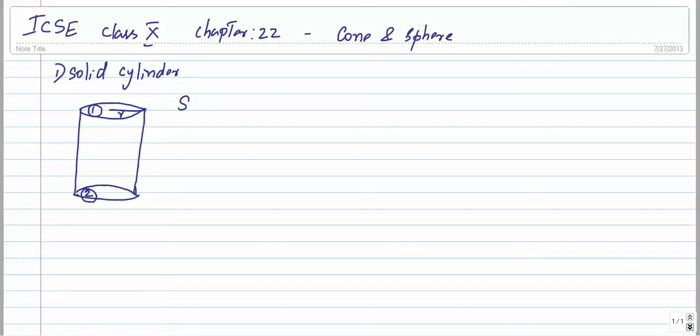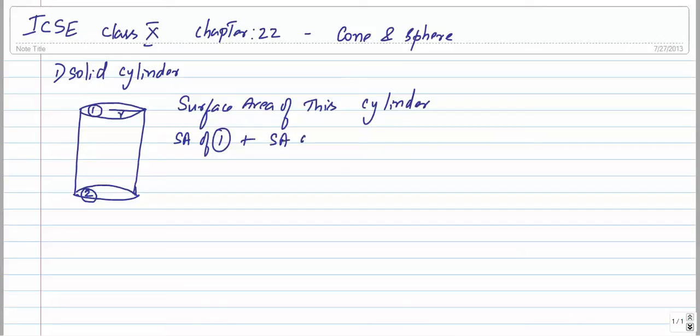So when I want to calculate the surface area of this cylinder, it's nothing but surface area of 1 plus surface area of 2 plus the curved surface area of 3.